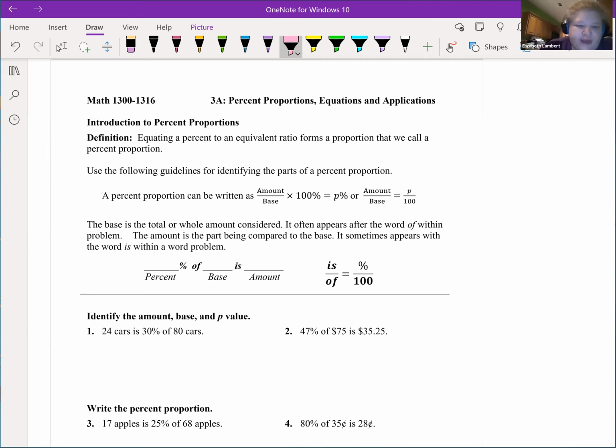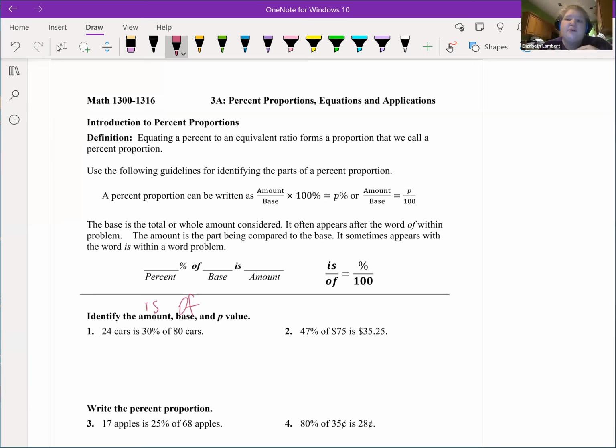So for them, amount is what I call the is, and then the base is what I call the of. So normally percents are part of one whole, and the base is what one whole is being called here.